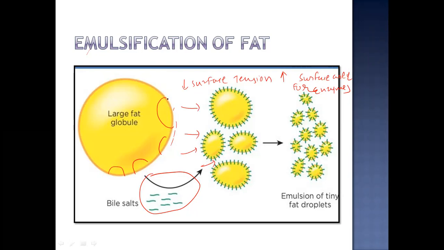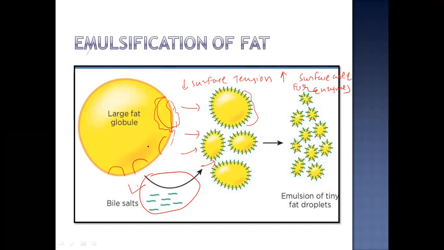Initially, for any lipase, the area which was available was only this. But after the formation of globules, this area is already there, and additionally it gets this much area to work on. So the process of digestion gets simpler and faster. So this process of converting a large fat globule into smaller or tiny fat globules is known as emulsification, and that is taking place in our body with the help of bile salts.